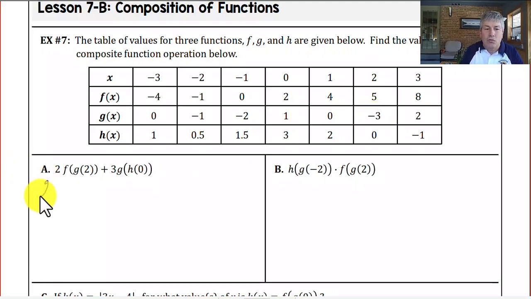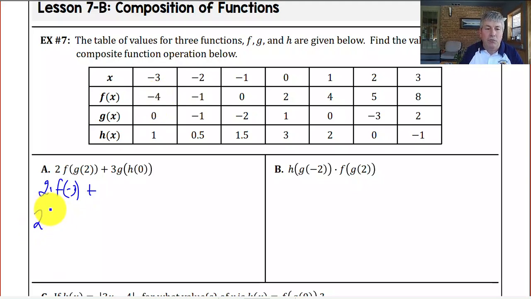So that becomes 2 times f of negative 3. So now I need to put negative 3 into f, and I get an output of negative 4.